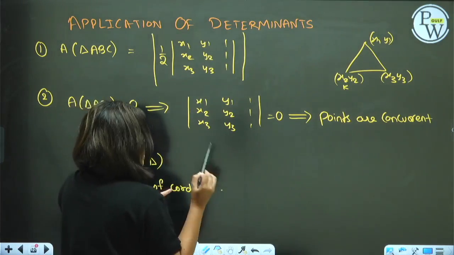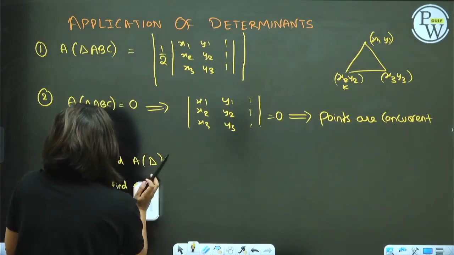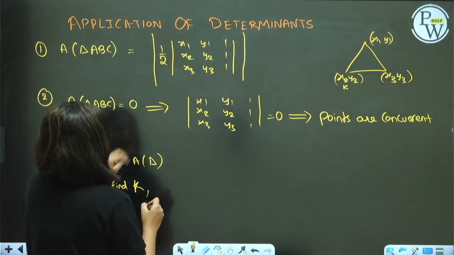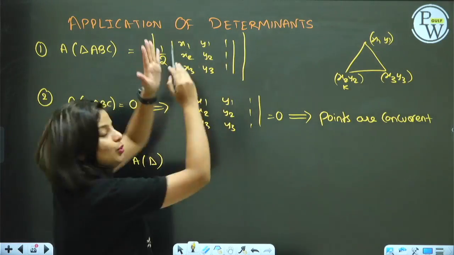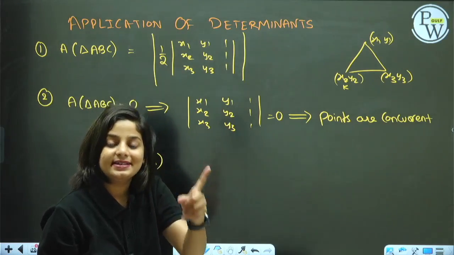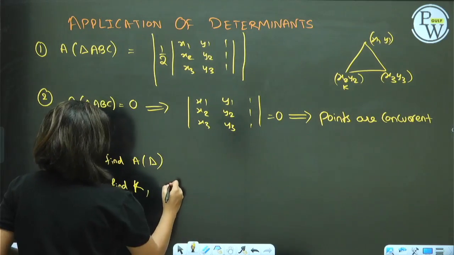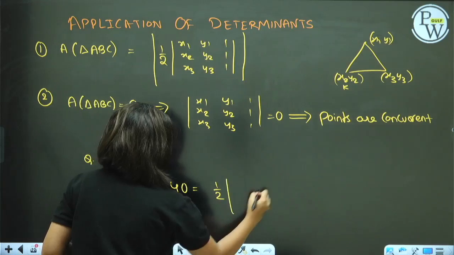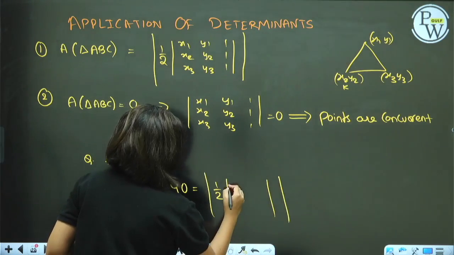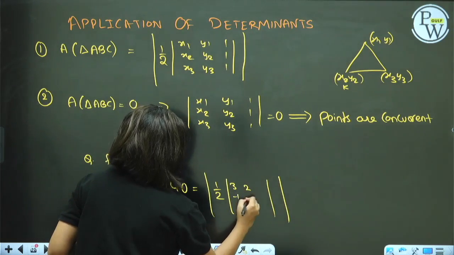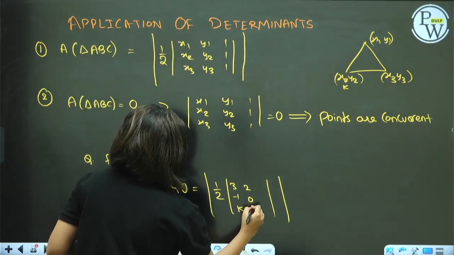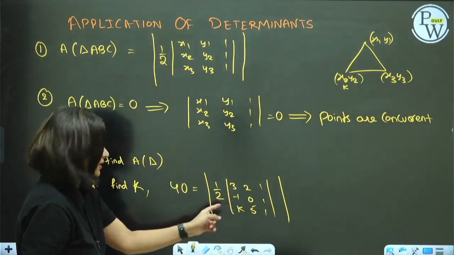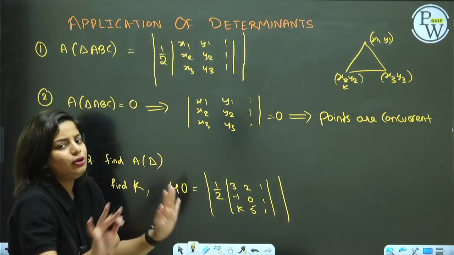Whenever you have to find one of the coordinates, or let's say find k, mostly it's k, you have to remember that while removing the mod, plus minus sign should be taken. Example: the area given is 40 and you have half. You have substituted all the values nicely, like 3, 2, 1, minus 1, 0, 1, k, 5, 1. The first step will be to remove the mod.